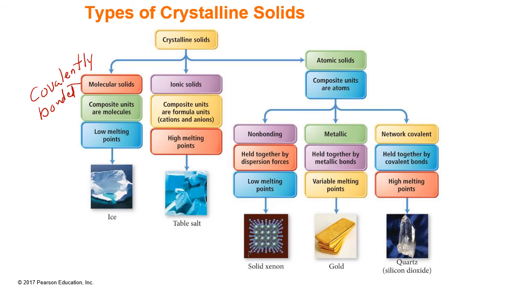This would be the noble gas that when we cool it down, it doesn't bond, but it forms into a very low melting point solid. Or we can have network covalent, held together by covalent bonds. These tend to have higher melting points, things like silicon dioxide. So that is quartz, which is a type of stone.